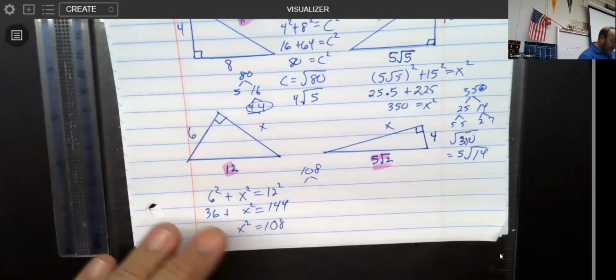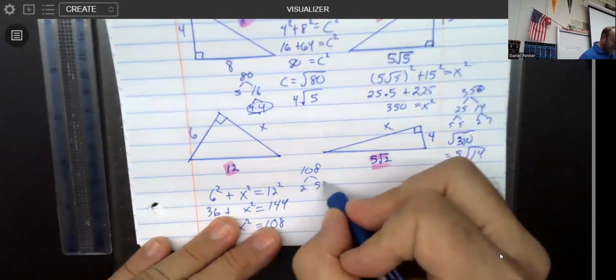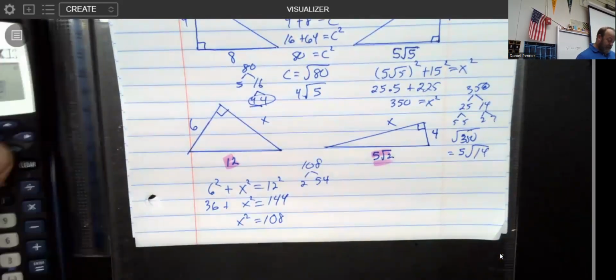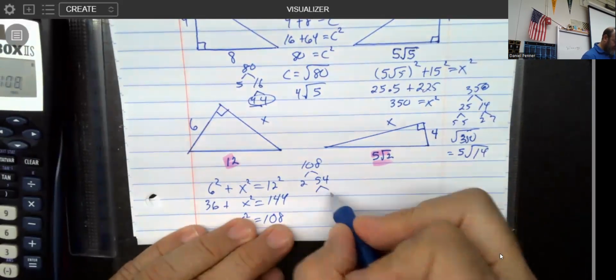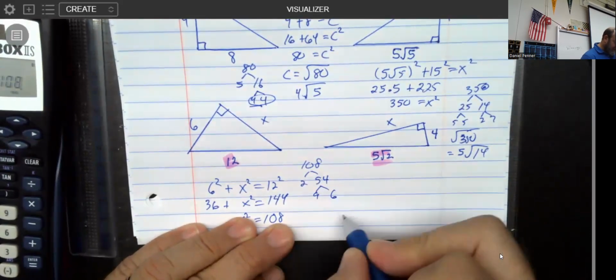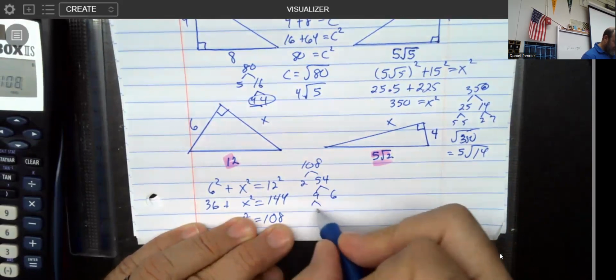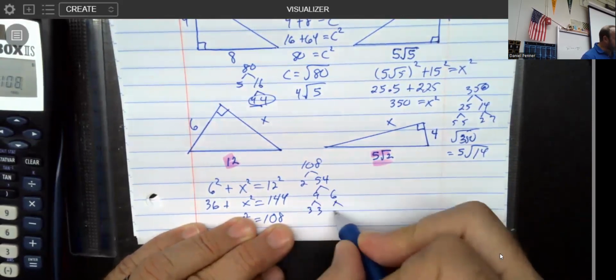So again, clearly we know that 2 goes in there 54 times, and that jumps into a number that a lot of us are going to recognize as maybe 9 times 6. So if we kept going, that's 3 times 3 and 2 times 3.